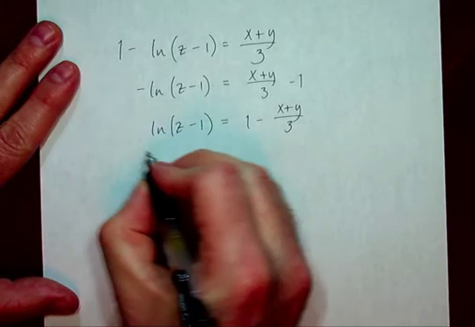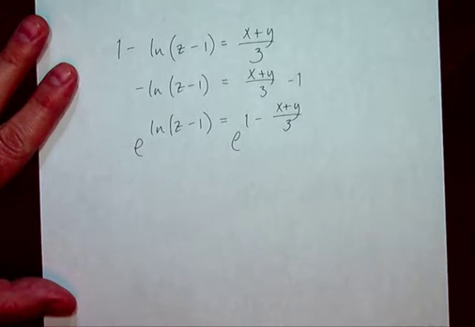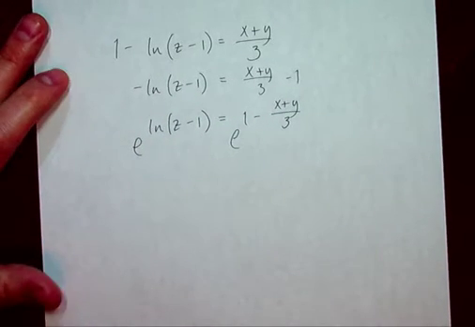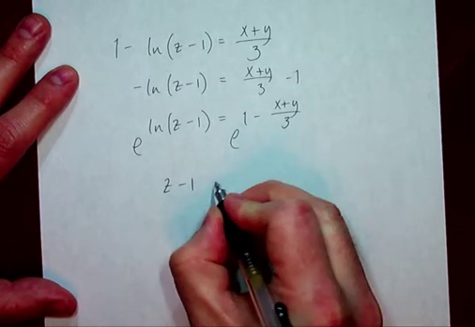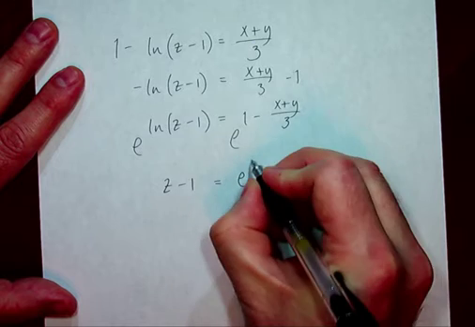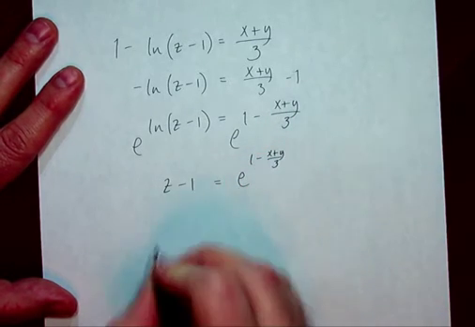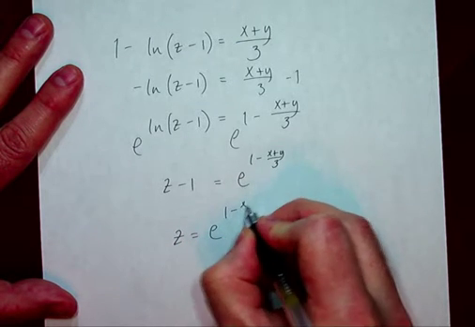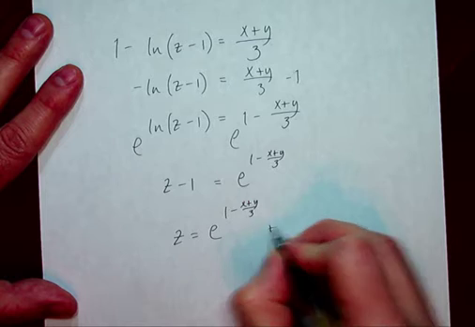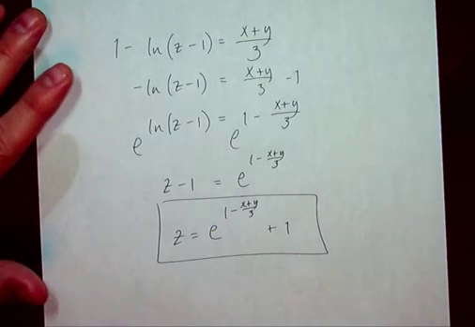What I need to do is raise both sides as the exponent of e, such that then this becomes z minus 1, and this becomes e to the 1 minus x plus y over 3. And you could simplify that exponent. You don't have to. I wouldn't. And that is where you wind up.